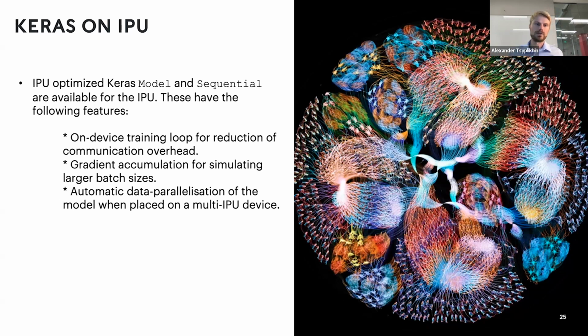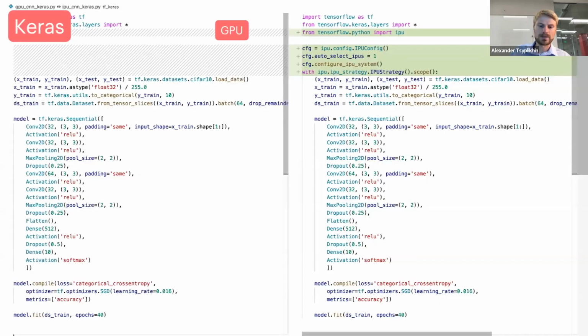So these are the two typical things that help optimize for performance. And this slide shows a comparison between the GPU program on the left and IPU program on the right.